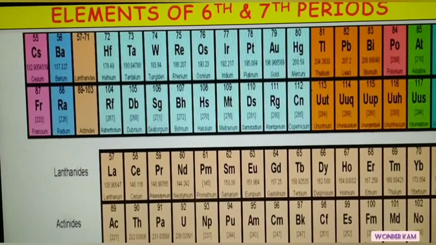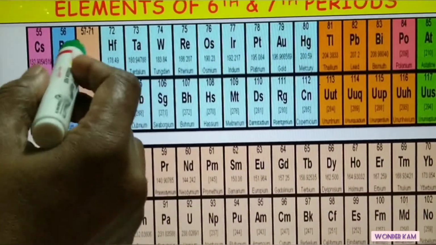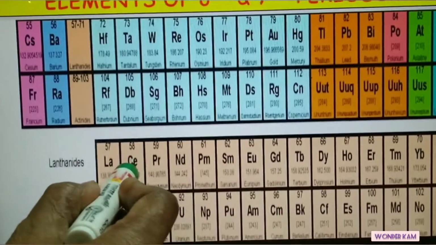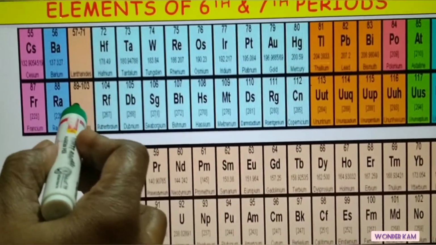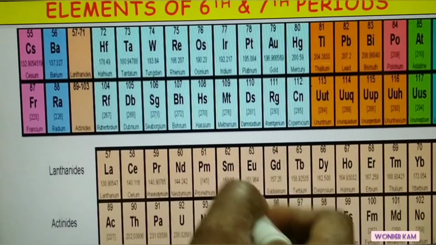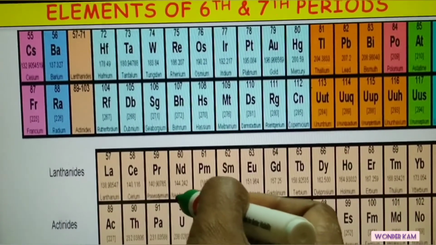Then the sixth and seventh periods contain 32 elements each, where in the sixth period, the lanthanoid series is there with 14 elements from cerium (58) to lutetium, and actinoids are present from thorium (90) to lawrencium. Those 14 elements each of lanthanoids as well as actinoids are kept below the periodic table.